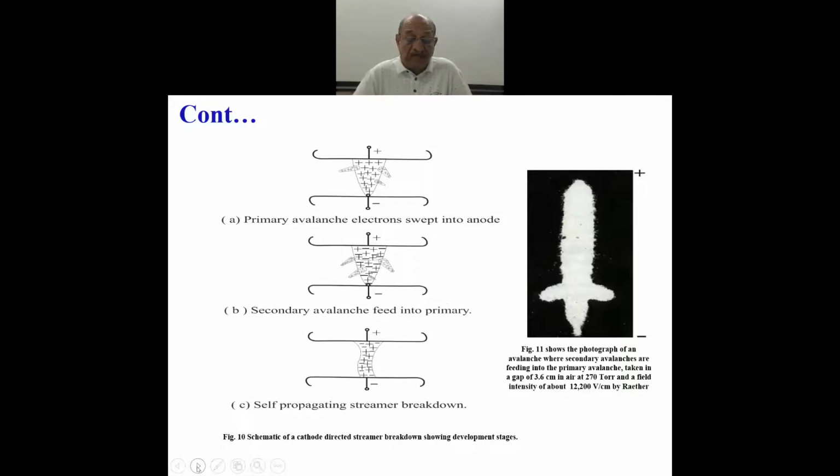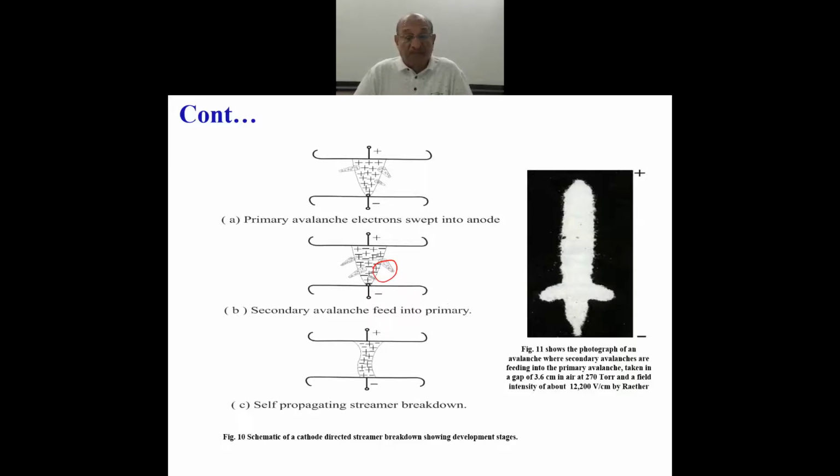And when the field intensity in the air between the two electrodes increases towards the tail more than the applied electric field, that means E naught plus EA in this region, E naught plus EA is the resultant field.